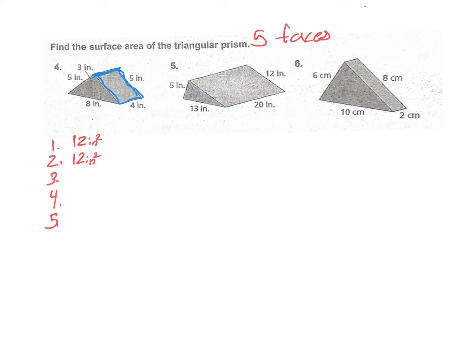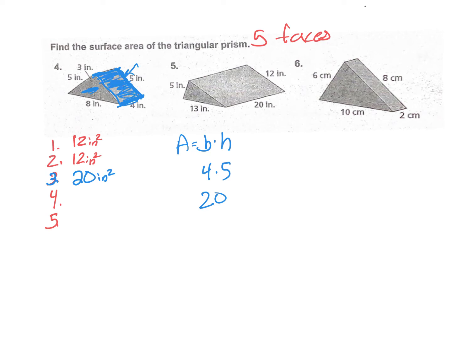And it's a parallelogram. And a parallelogram's area equals base times height. So I see I have right here a base of 4 times a height of 5. And that equals 20. So that one is, and I'm going to put this in blue now, 20 inches squared. Okay. So I've done the front, the back, and now I've done this side.